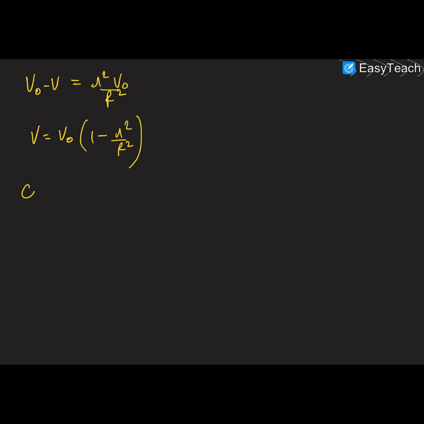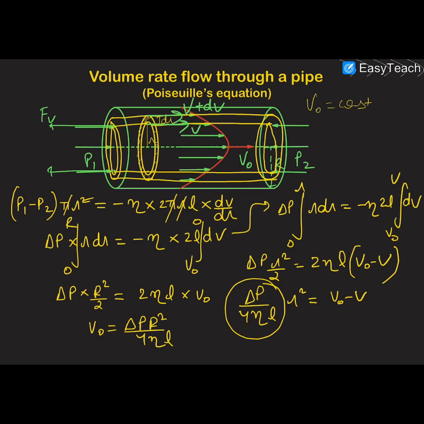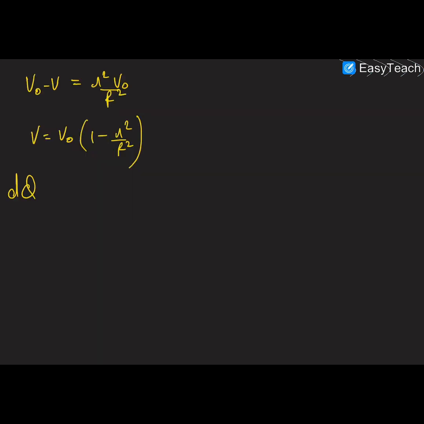Now we have to find out the volume rate flow. Let us assume that some liquid will be flowing inside this width of the cylinder. So the volume rate flow of this liquid will be equal to the area of this cylindrical width dA into velocity v. So dQ is dA, where dA is 2 pi r into dr, and the velocity is v0 into 1 minus r square by R square.